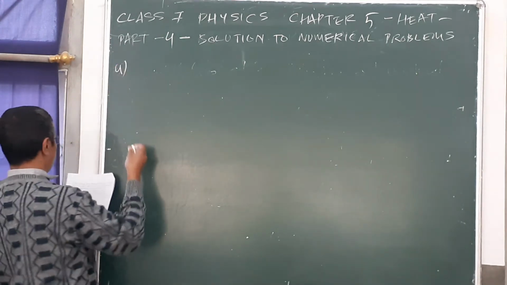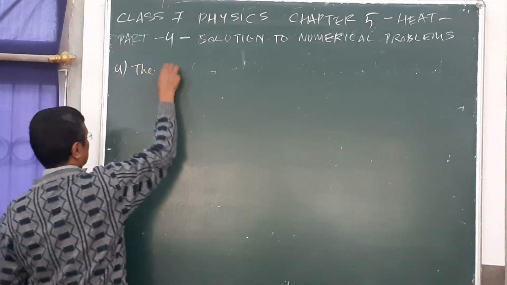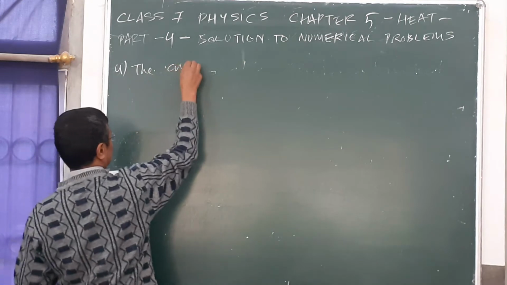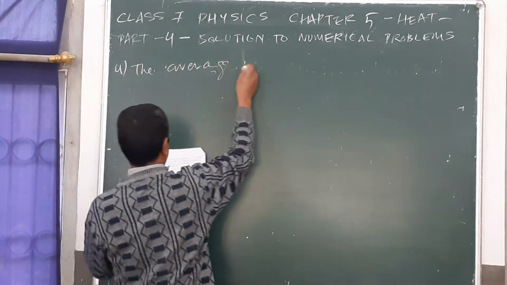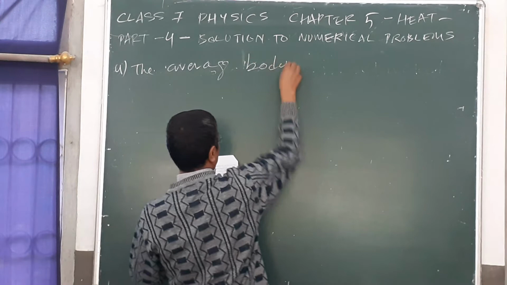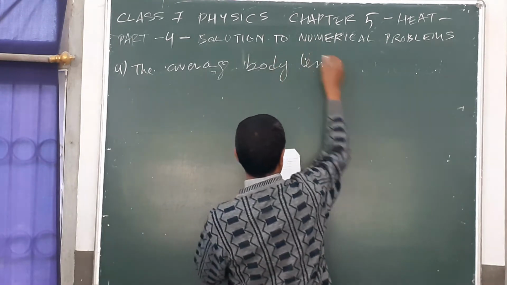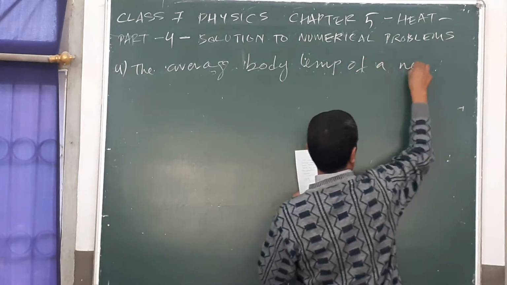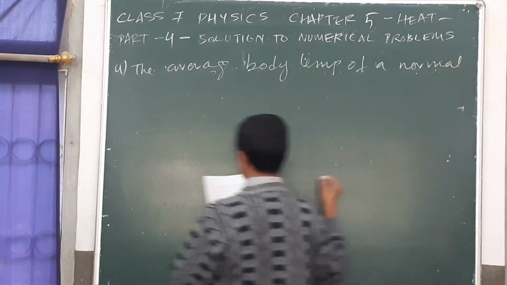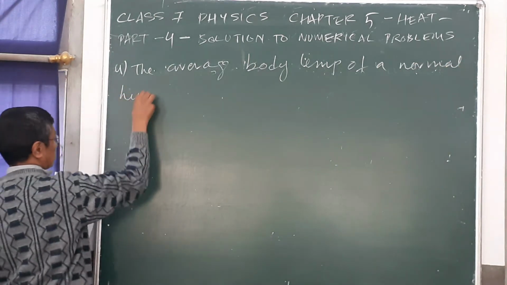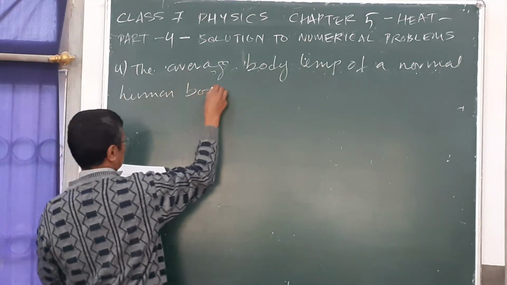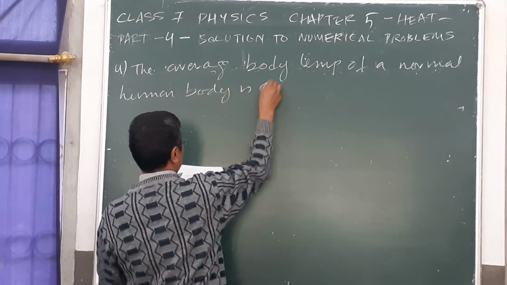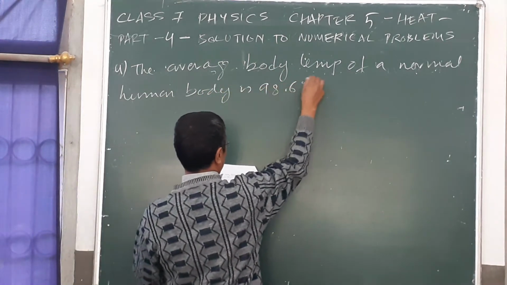Now, in question number 4, the average body temperature of a normal human body is 98.6 degrees Fahrenheit.